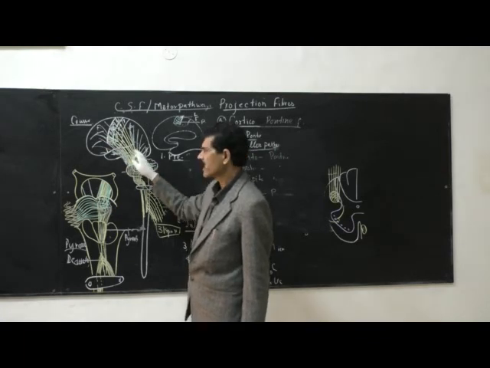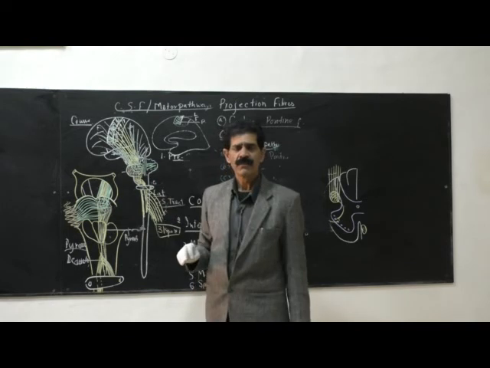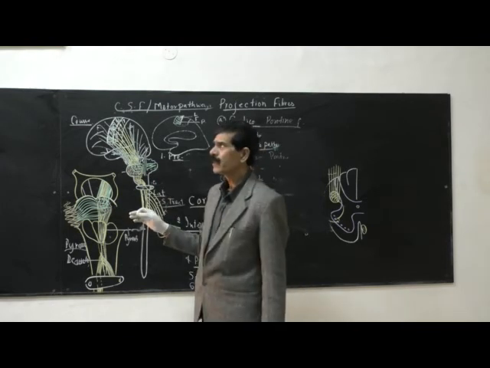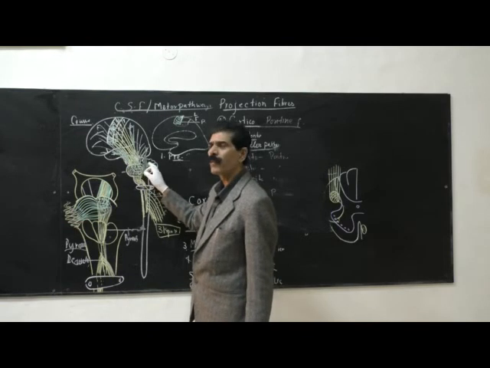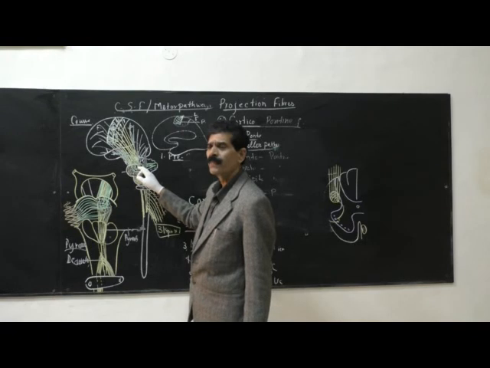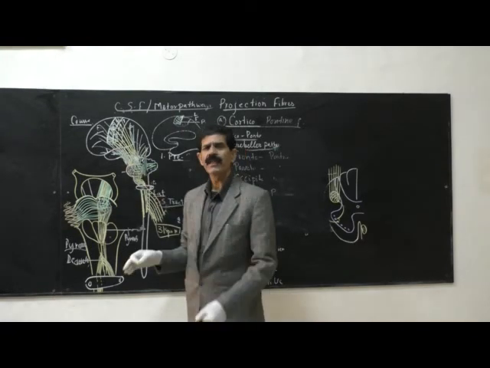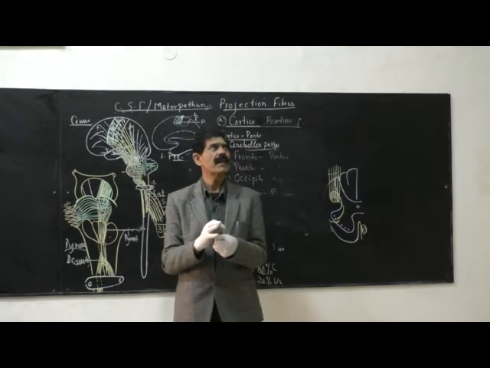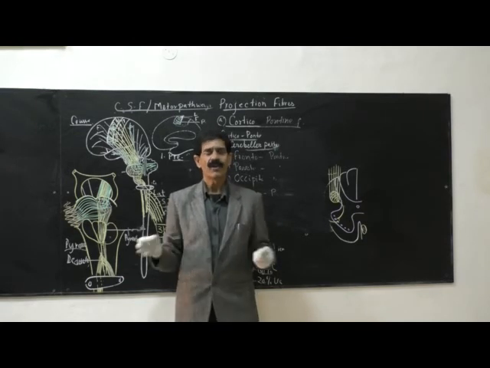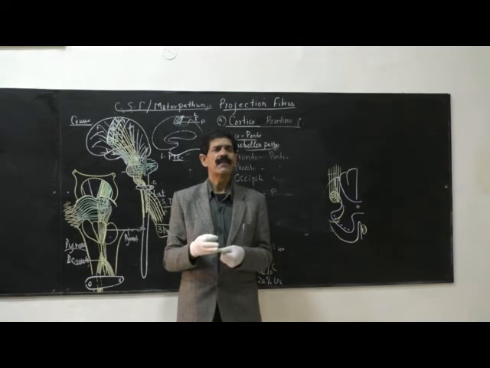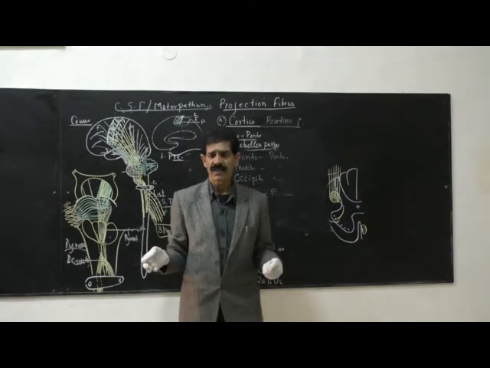So whenever this connection is lost or damaged, what will it lead to? The cerebrum will not be having the connection with the cerebellum, and this first function of the cerebellum, that is the coordination of the voluntary muscular movement, will be abolished, and the patient will come with the cerebellar dysfunctions.